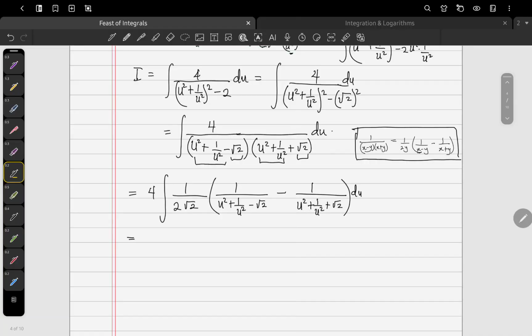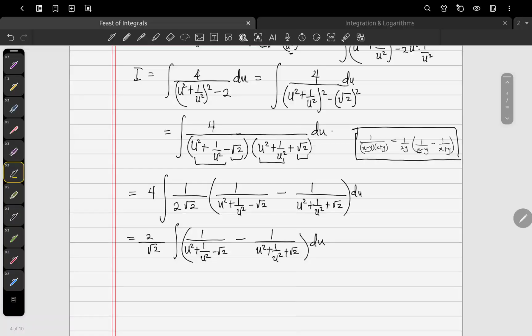So this will be equal to 2 over root 2 integral of 1 over u squared plus 1 over u squared minus root 2 minus 1 over u squared plus 1 over u squared plus root 2 du.